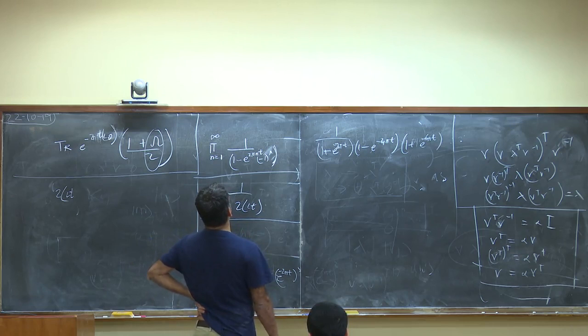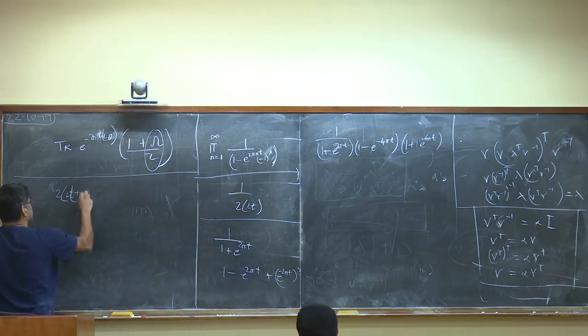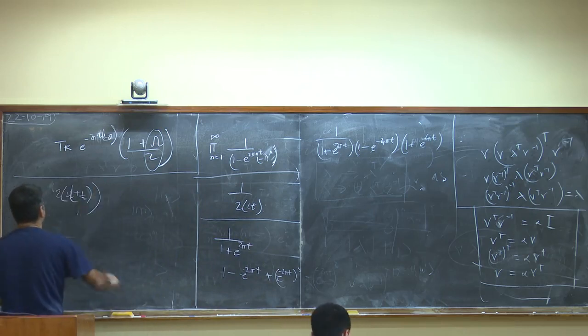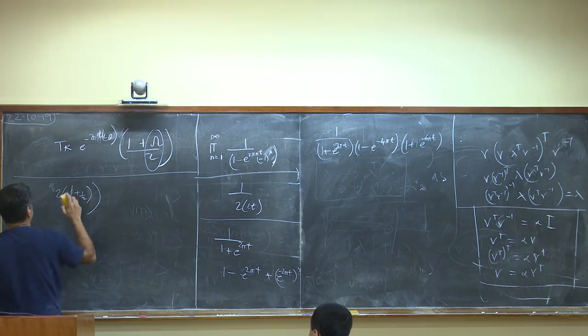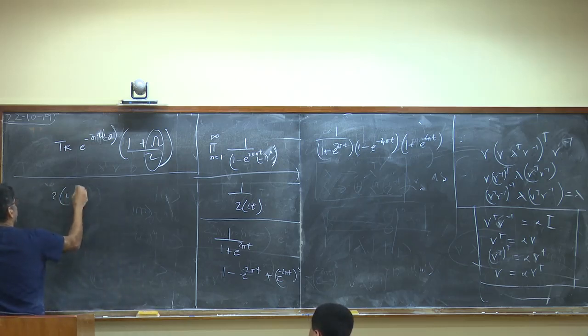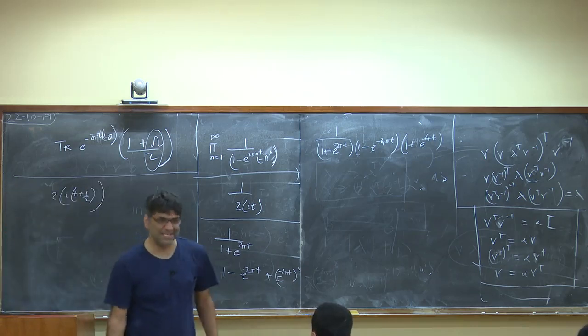Yes, i by 2. So Upmanyu's point is that this is the same thing as eta of i times t plus i by 2. That's nice.